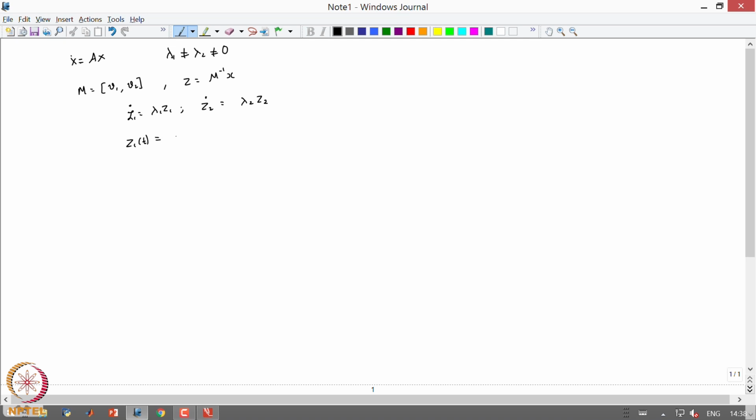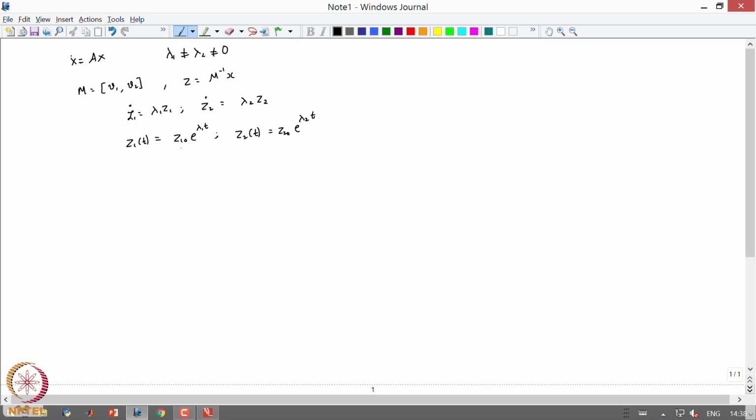Z1 of t is Z10 e power lambda 1 t. Similarly, Z2 of t is Z20 e power lambda 2 t. So, this is just how the solutions would look like.